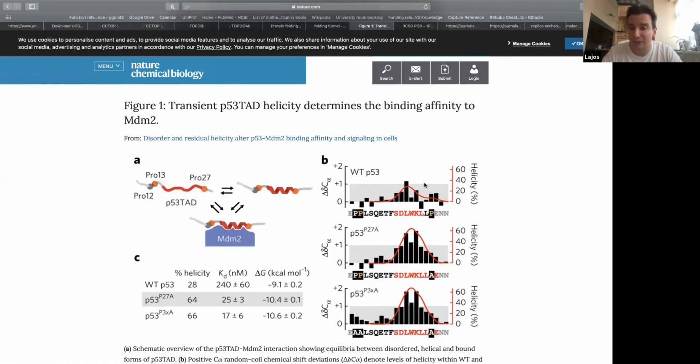As you can see here, the helical propensity, or helicity, is around 20–30%, while here it is going up to 60%. And here, if they change the first 2 prolines as well, it goes up even higher, more than 60%. So what they did was make the region of p53 more helical, which means that it will bind to MDM2 more often.